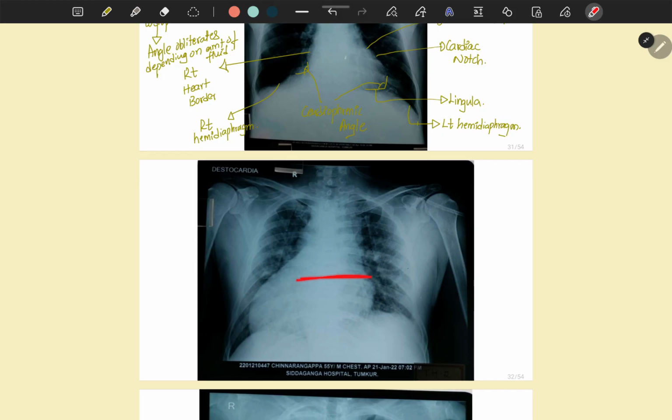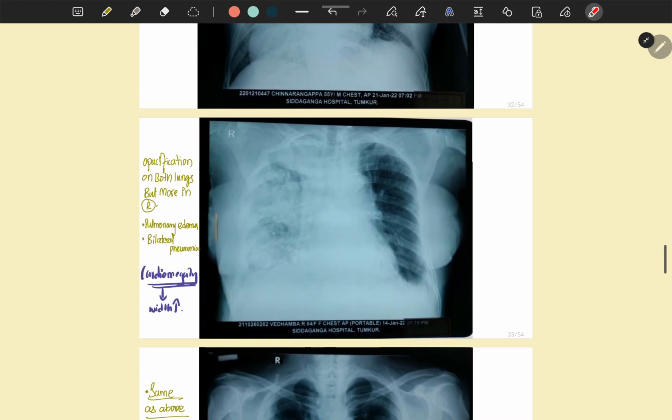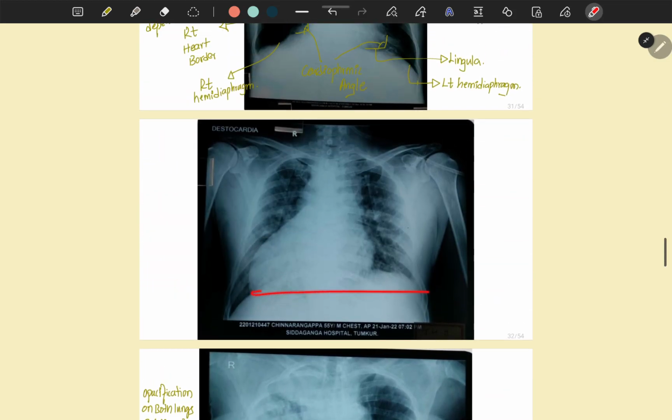Actually, the mediastinum, this measurement between the two lungs, should be less than half of the measurement of the thoracic cavity. Okay, if this is the thoracic cavity and this is half, this measurement should be less than that.